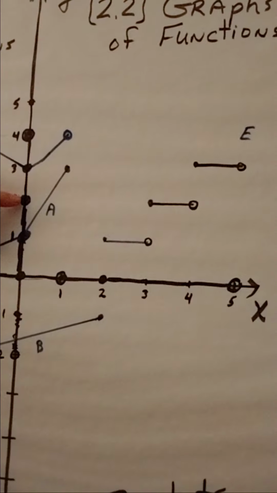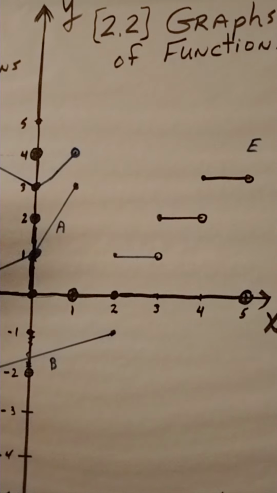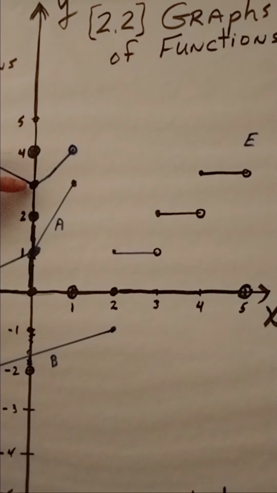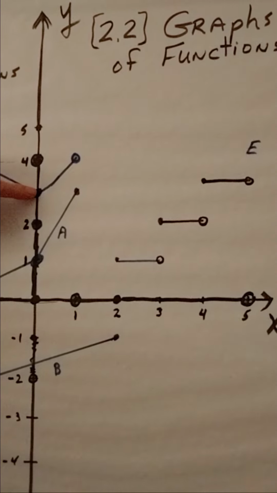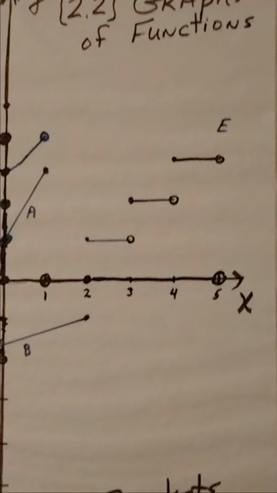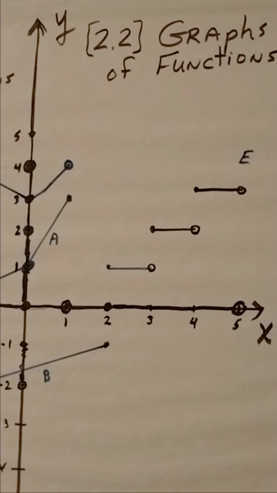When the points are distinct, not moving together, not all these points moving together, but singular points, 1, 2, 3, you cannot use interval notation. You'll have to use roster notation.